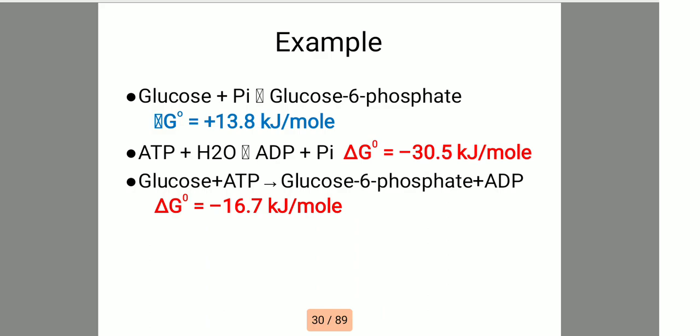For reaction 1, delta G is plus 13.8 kilojoules per mole. For reaction 2, delta G is minus 30.5 kilojoules per mole. But when the two reactions are coupled, as in reaction 3, the delta G becomes minus 16.7 kilojoules per mole, and hence the reaction becomes possible.